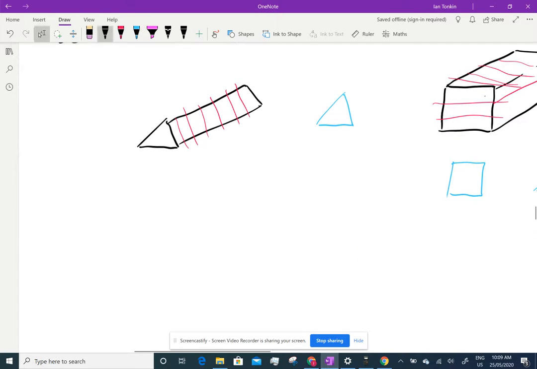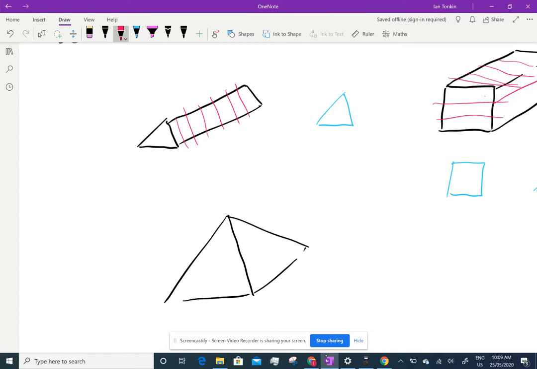Let's have an example of something that isn't a prism. So let's have a look at a pyramid. Now you can't slice this and get the same shape every time.